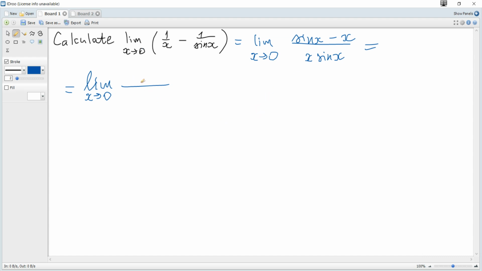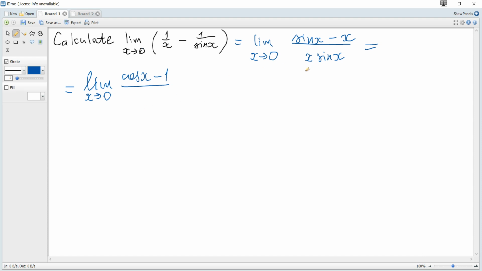So we take the derivative of the numerator, and it becomes sine's derivative, cosine, minus x's derivative, just 1.